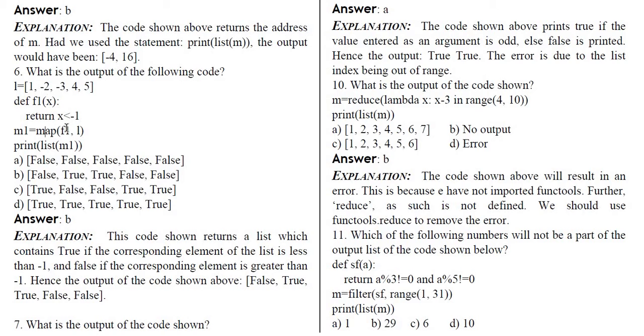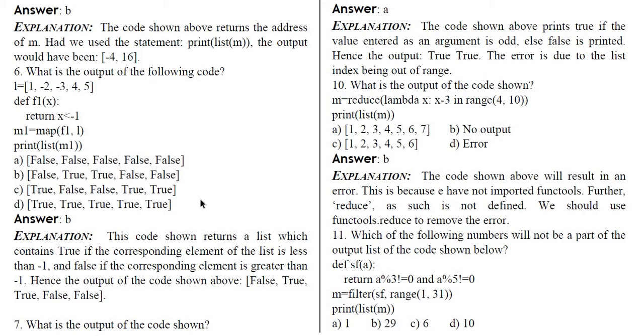So as I told you, this function is executed for each item in the iterable. First of all, this function will go for the 1 and check whether 1 is less than -1 or not. If true, it will give you true. If false, it will give you false. So first one is false. -2 is less than -1, true, then again true, then again you will get false and false.